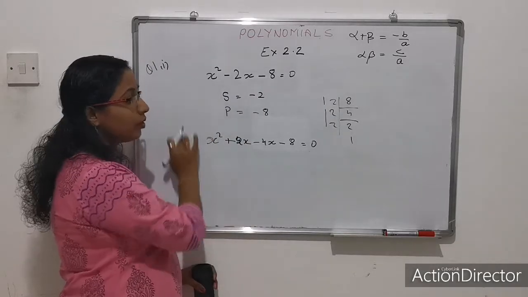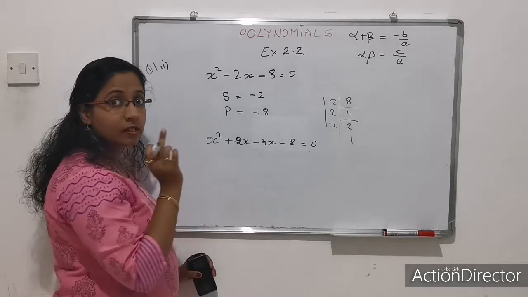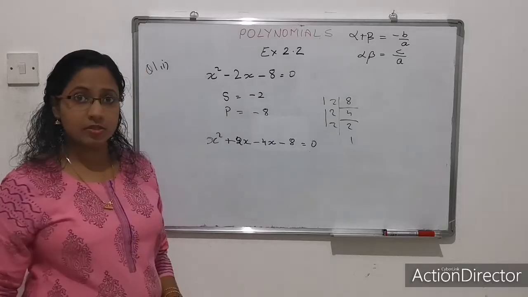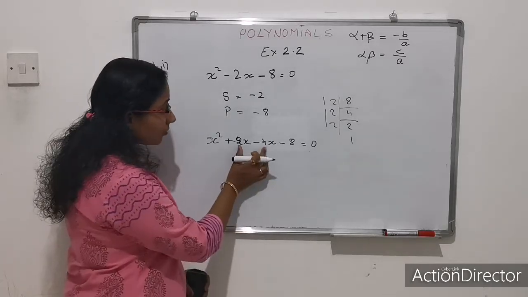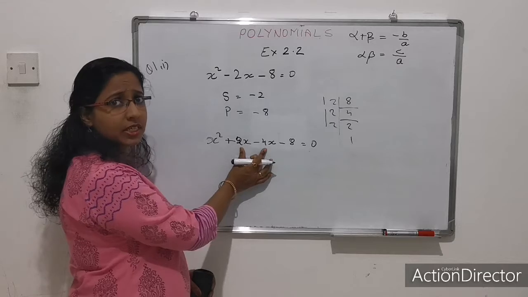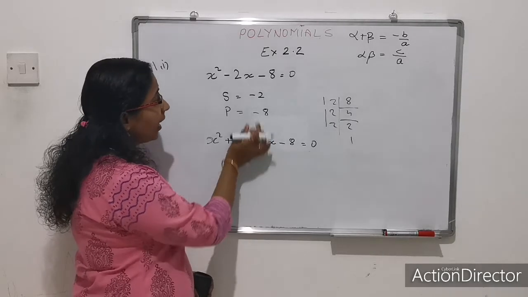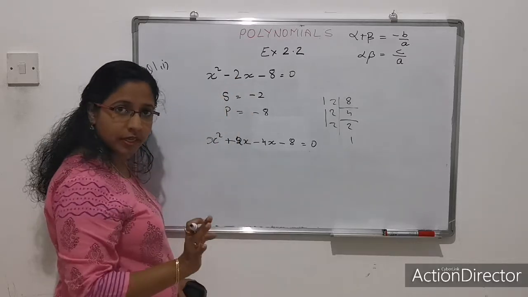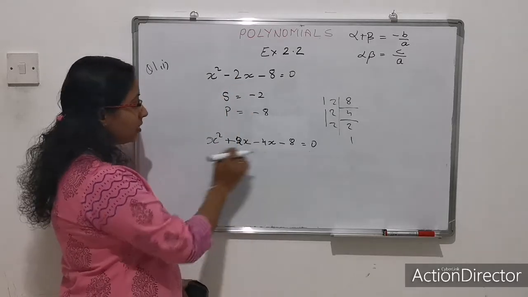That is the main aim. And the product should be minus 8 only. This should be arranged such that the product should be this and the addition or subtraction should be this. Clear?